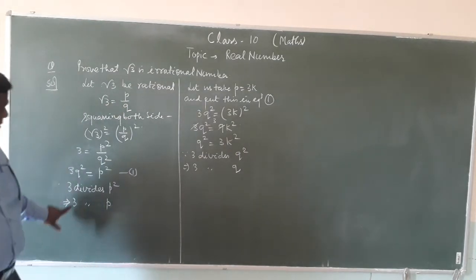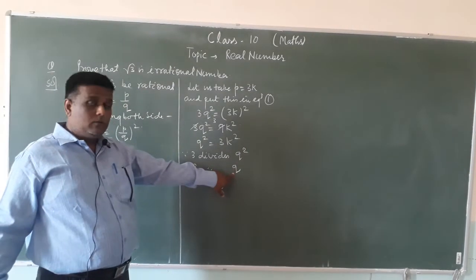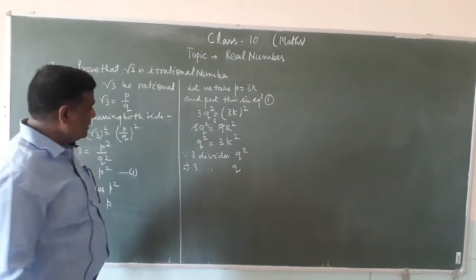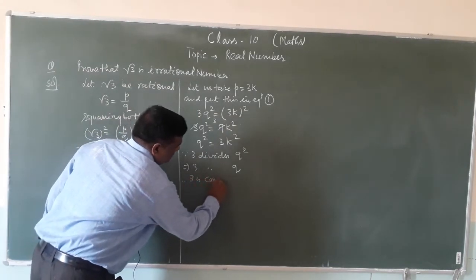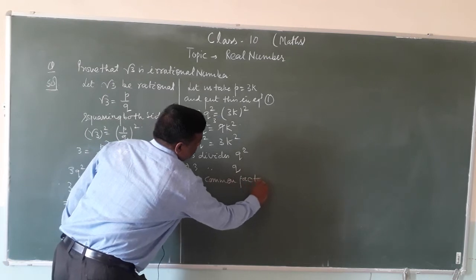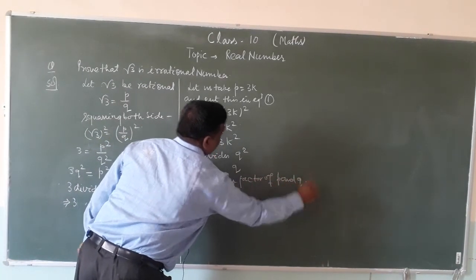Look here: 3 divides p square and 3 also divides q square. So 3 is a common factor of p and q.